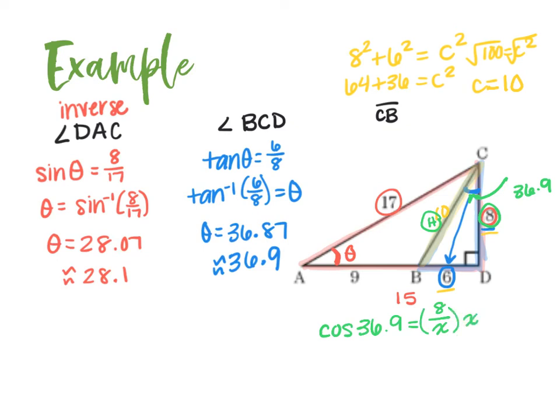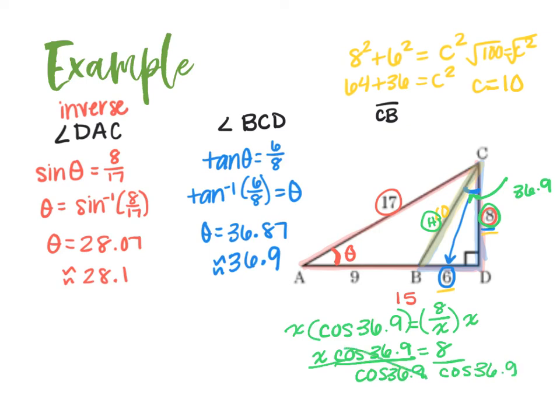I'd have to multiply by x on both sides. So x times the cosine of 36.9 equals 8. Divide by the cosine of 36.9 on both sides. So then 8 divided by the cosine of 36.9, and I get x equals 10.00.